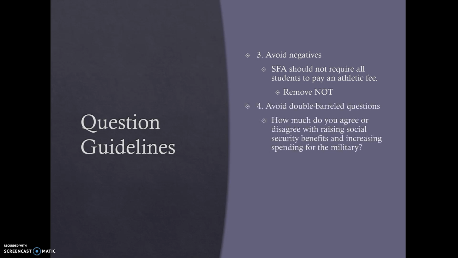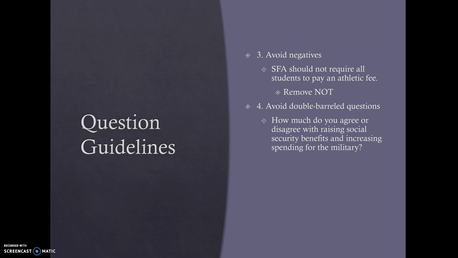And avoid the double-barreled questions. Let's say this one. How much do you agree or disagree with raising Social Security benefits and increasing spending for the military? You see, there are actually two questions here. Whether people agree with raising Social Security benefits, and the other question is whether people agree with increasing spending for the military.